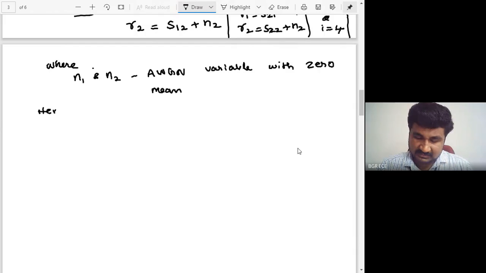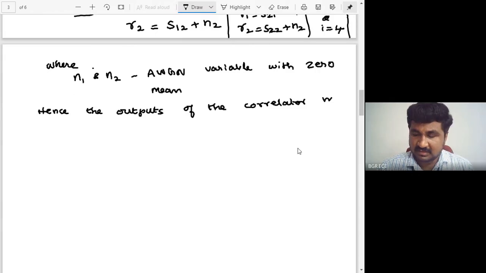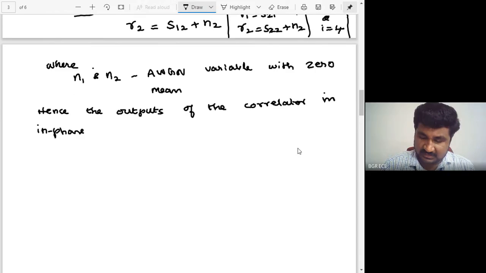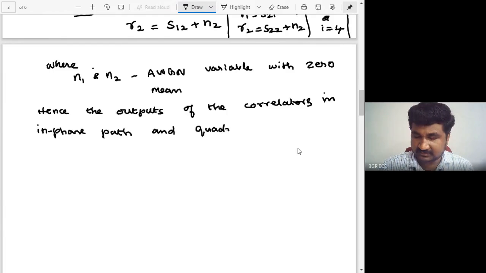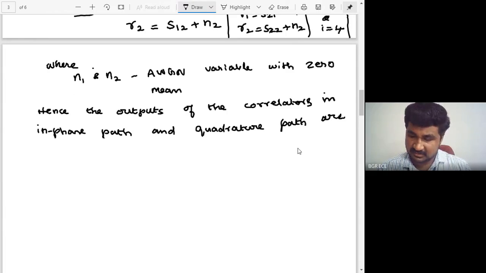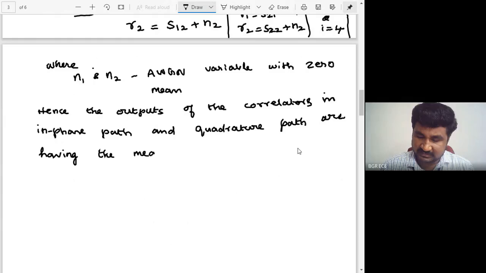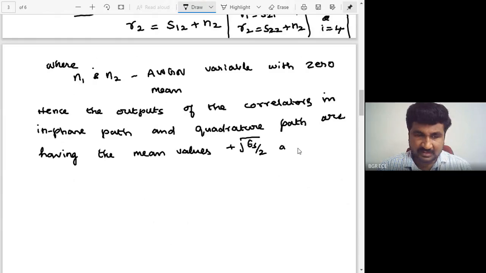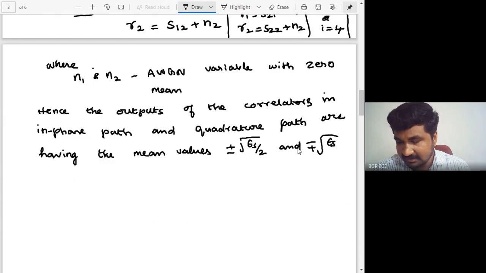Hence, the outputs of the correlator in the in-phase path and quadrature path have the mean values plus square root of Es by 2, plus or minus square root of Es by 2, and minus or plus square root of Es by 2.